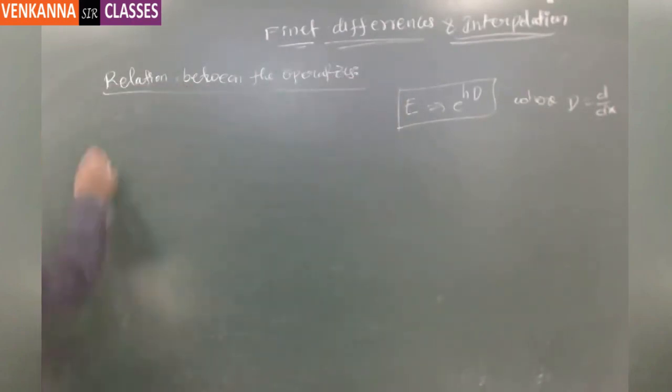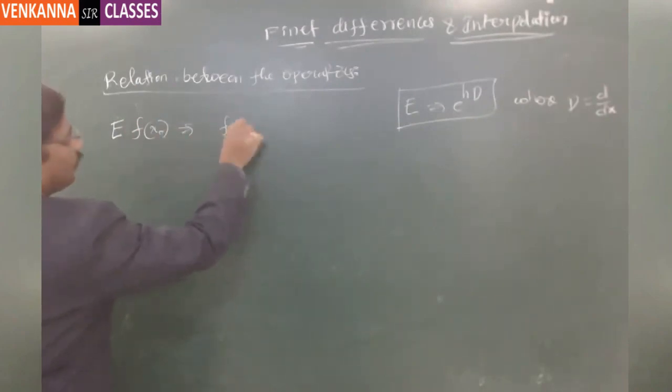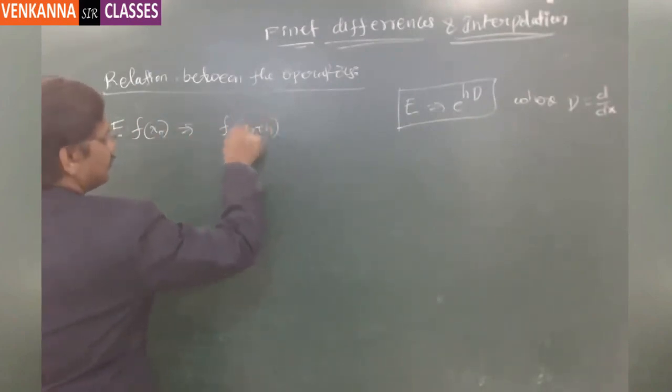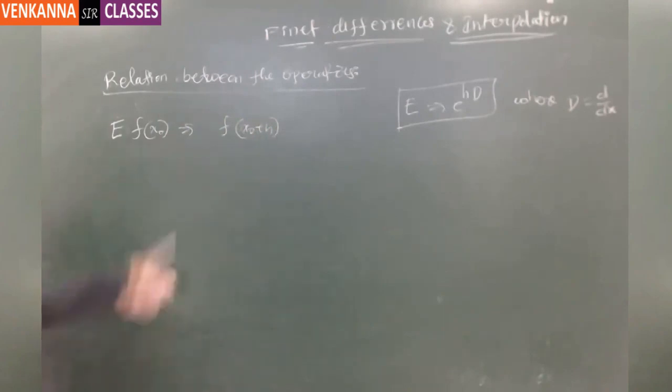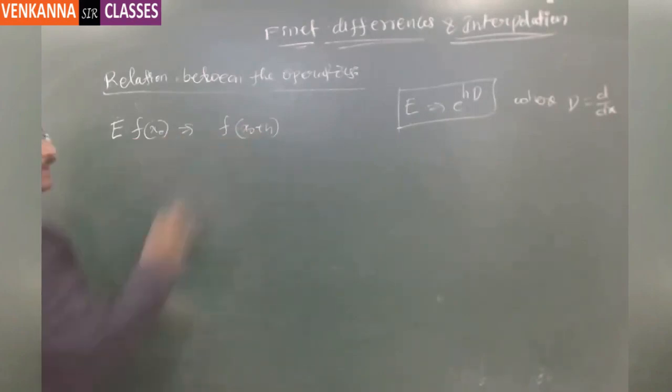Now if you operate E on f of x naught, this is going to be f of x naught plus h. So x naught plus h is the result after operating E on this. So E f of x naught is equal to f of x naught plus h.